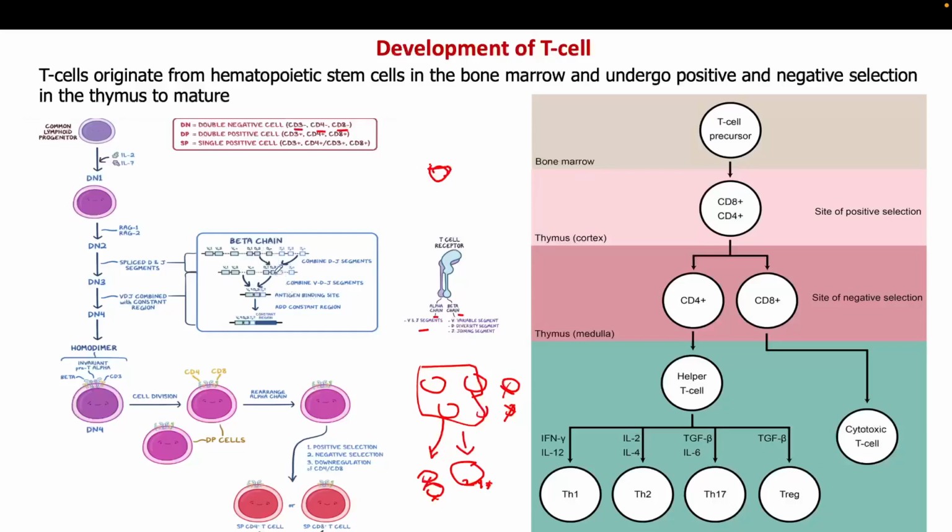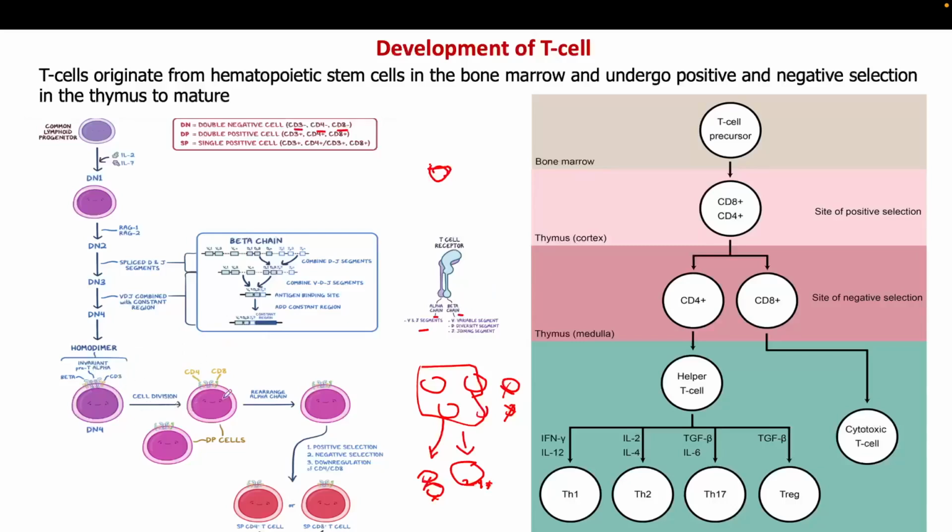Here it will splice the V chain and then combine the D and J segments. After combining the DJ segment, it will combine the VDJ segment in DN3. Then finally it will make the constant region of the beta chain. Here the beta chain will form, and the CD3 marker will also be present.